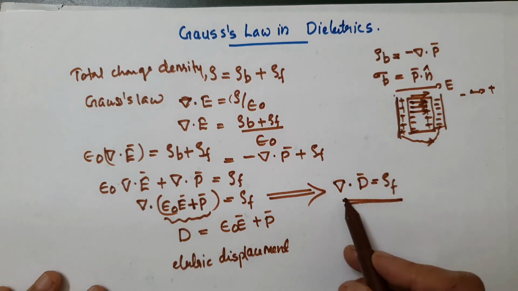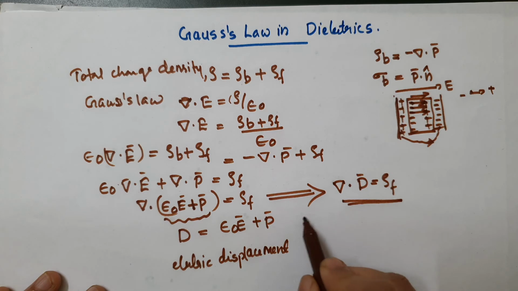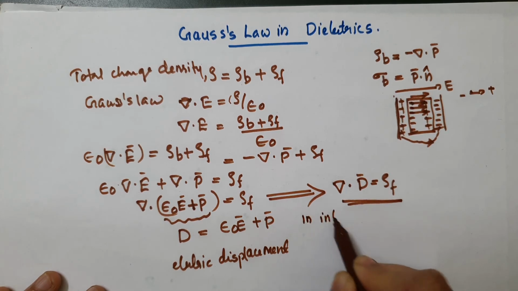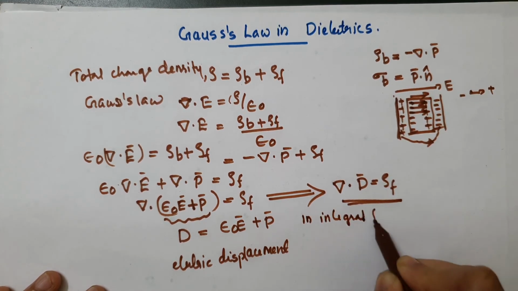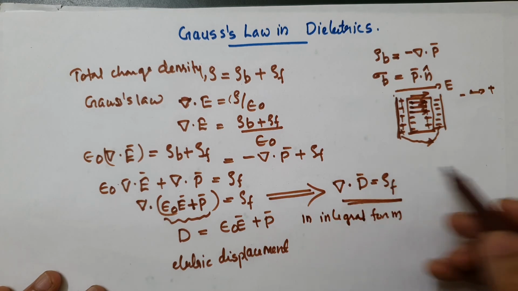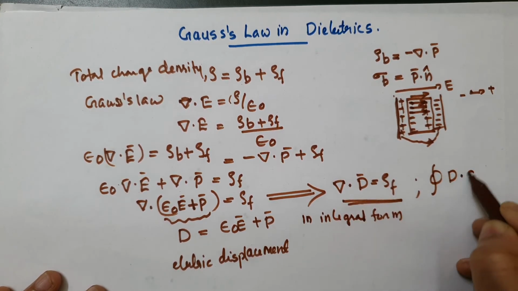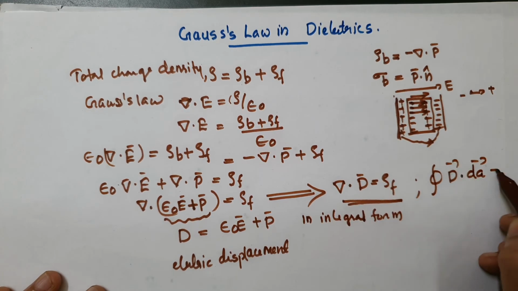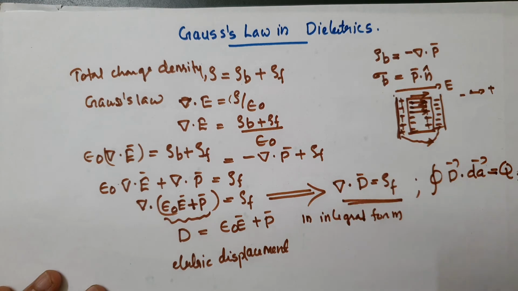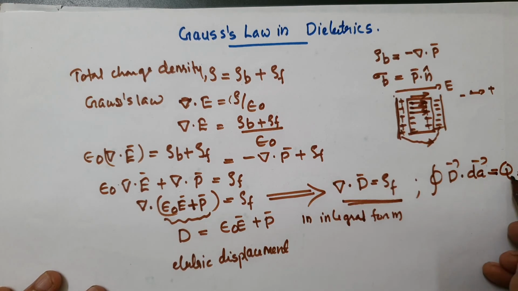And we are considering this equation in the integral form. In integral form, this equation is closed integral of D dot dS is equal to Q, where Q enclosed means the total free charge enclosed in the volume.